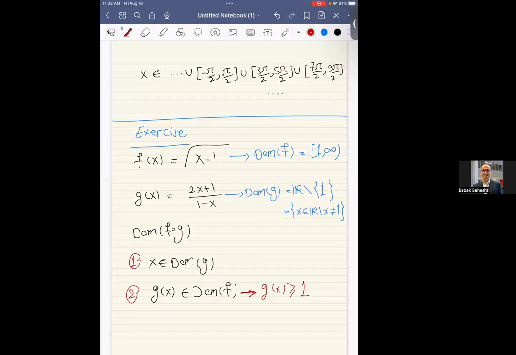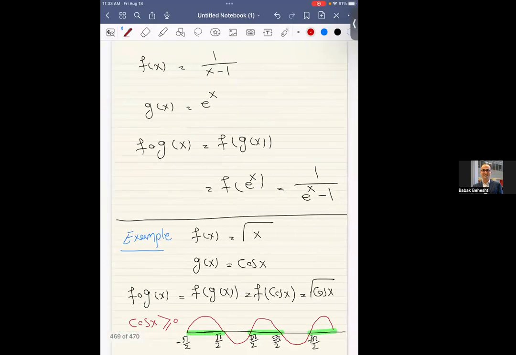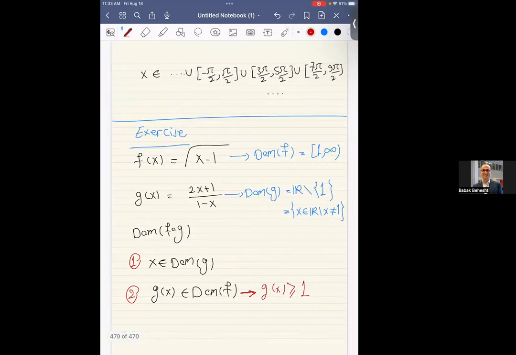Yeah, but as I said, you first apply G. Yeah, but every time we write it, you didn't include it. Because sometimes G has no restriction. For example, in these two examples, there are no restrictions on G. But here, there is some restriction on G. Actually, there's only one restriction on G, and that is X cannot be 1.